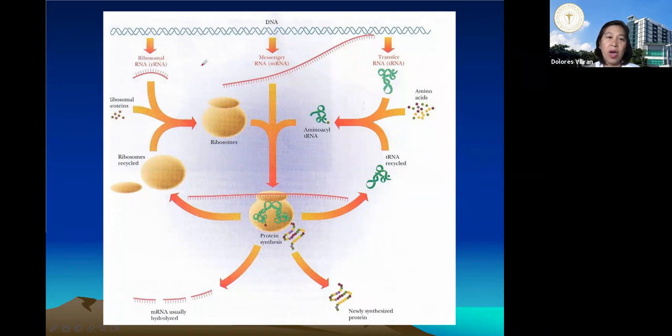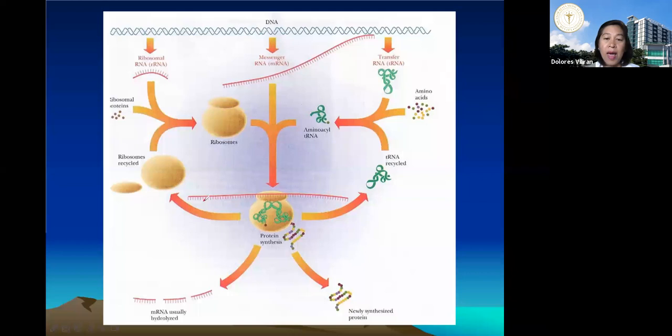Then once you have these transcription products, in protein synthesis or translation, you will need the proteins combined with ribosomal RNA forming your ribosome, which is the site for protein synthesis. The tRNA is the transporter of amino acids at the site of protein synthesis.